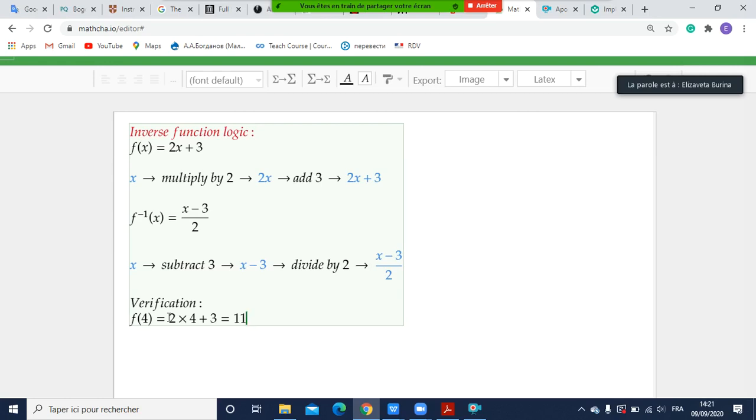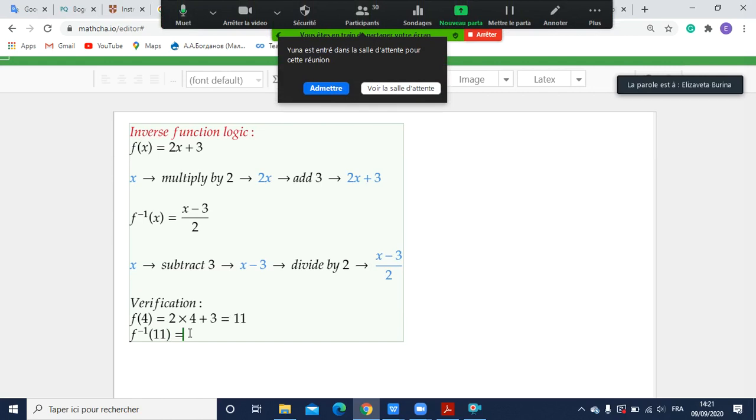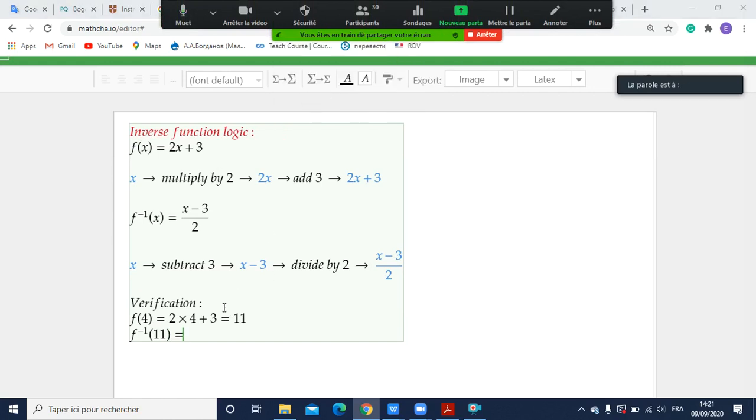I just want to take some value of x. Okay, now what I want to show you is that if I take an image of 11 by the inverse function, so f^-1 of 11, what do I get? I'm gonna get a fraction.